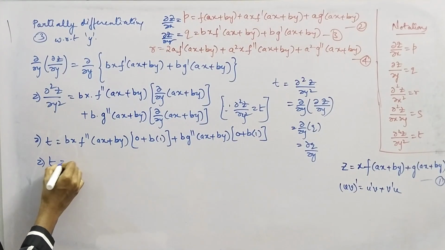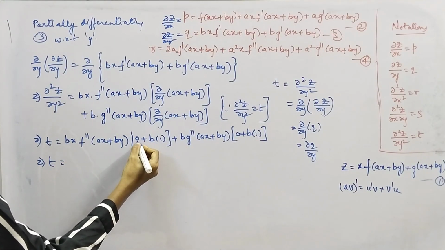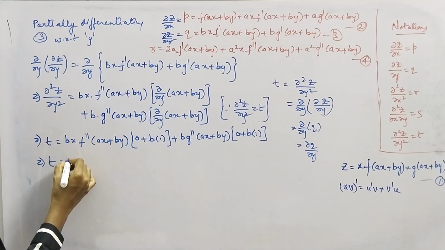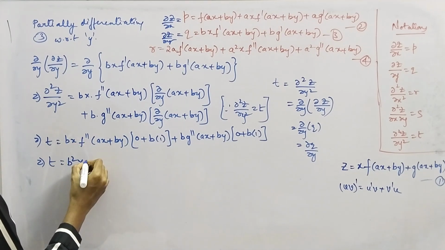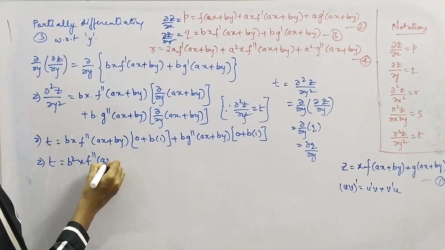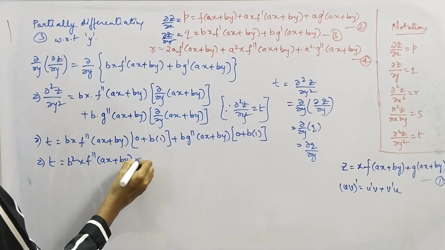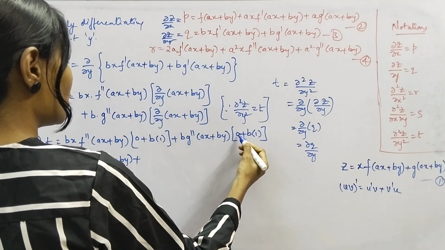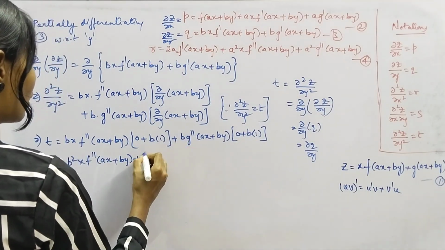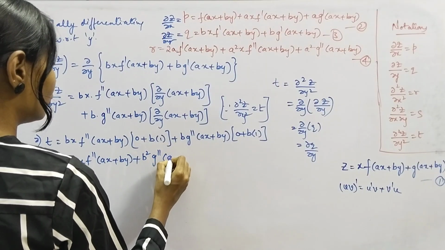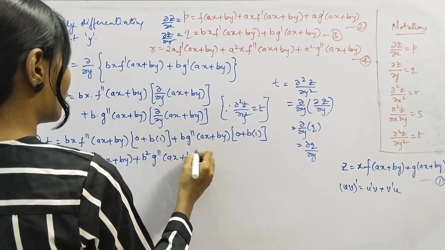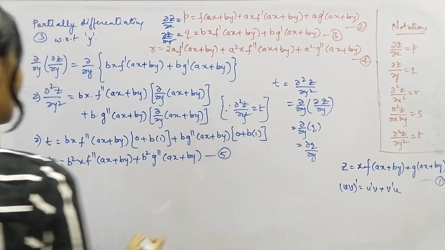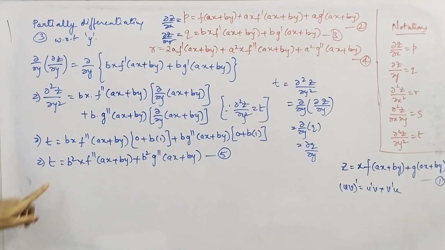This gives us t equal to b into 1 b plus 0 b into b square x f double dash, plus b into 1 b plus 0 b into b square into g double dash. Consider as equation number 5. We got equation involving t.